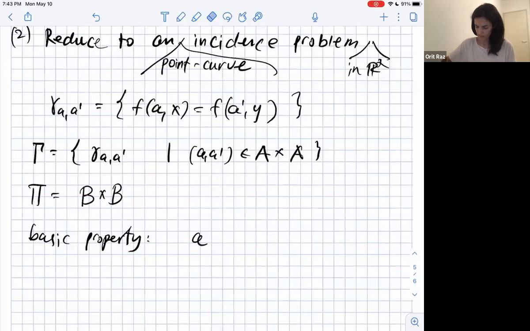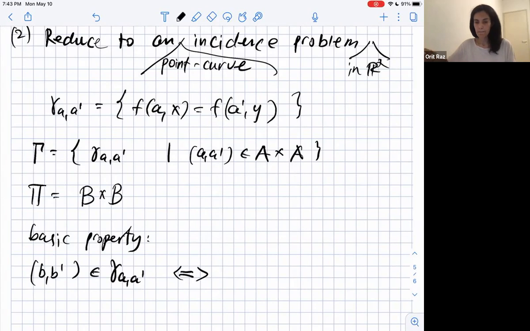a point from my point set, B prime, lies on a curve from the family. This happens. So what does it mean for B prime to lie on such a curve gamma A prime? So this is the equation for the curve with unknowns x and y.